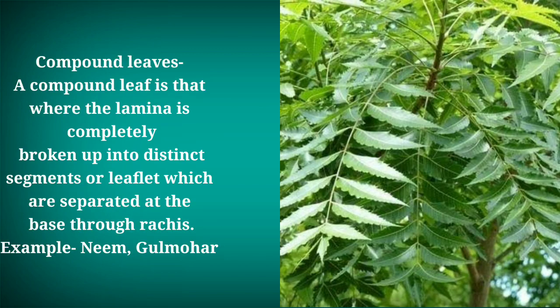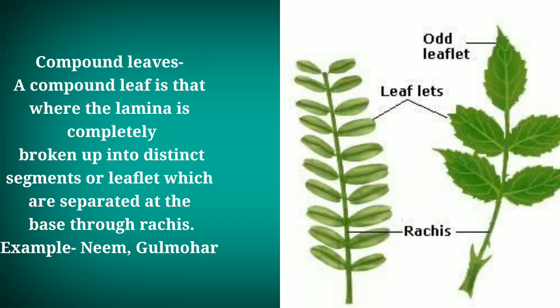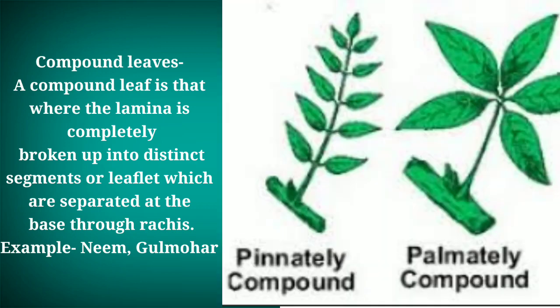Now the next is the compound leaf. A compound leaf is one where the lamina is completely broken up into distinct segments or leaflets which are separated at the base through rachis. Now in case of the compound leaf, the entire lamina gets divided by the midrib region, and this midrib region becomes the rachis of the compound leaf.